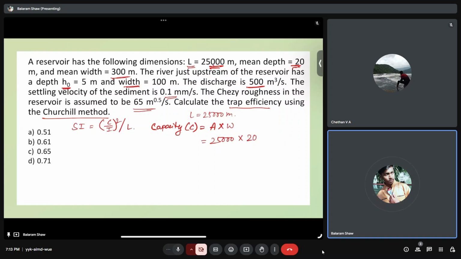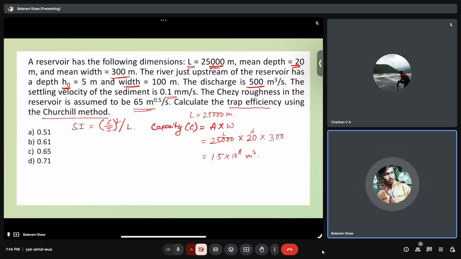So this is the L, this is the depth, let's say D, and width is how much? 300 meter, right? So just multiply this. So it will be around 1.5 10 to the power 8 meter cube, right?